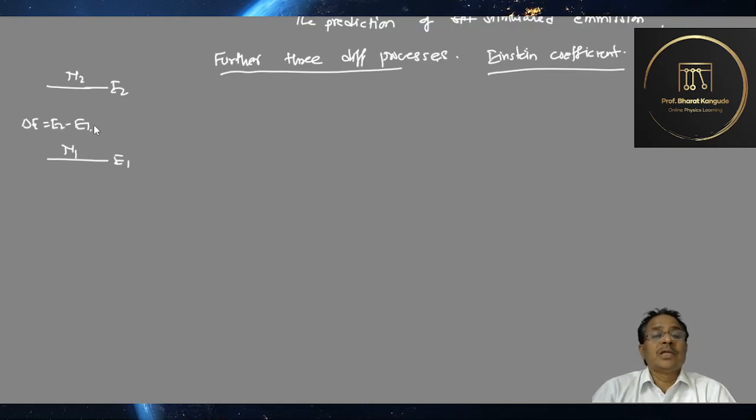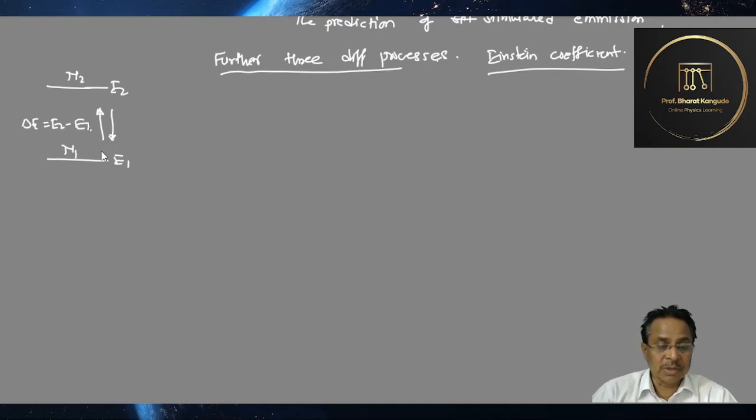Whenever they are in thermal equilibrium, whatever number of transitions take place from the lower to the higher state, the same number of transitions take place from the higher energy state to the lower energy state. In the equilibrium condition, the number of atomic transitions upward must be equal to the number of downward transitions.